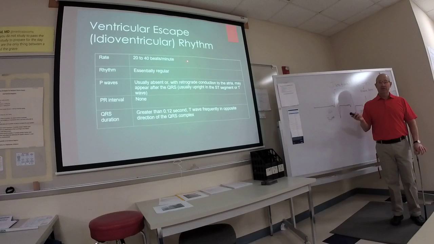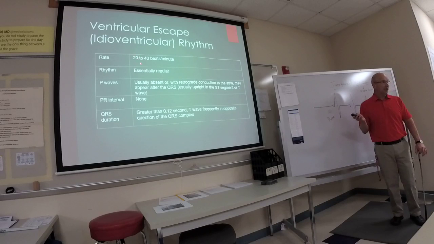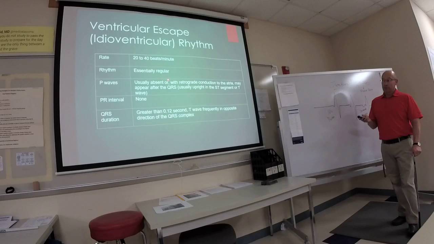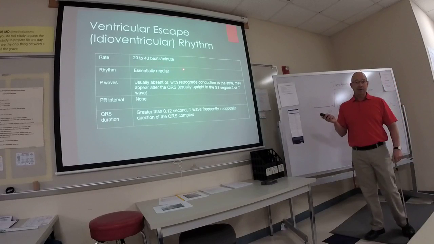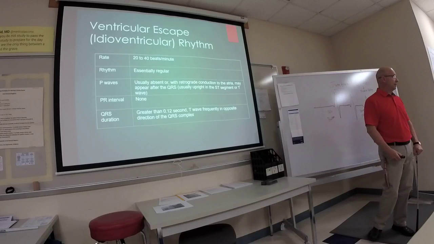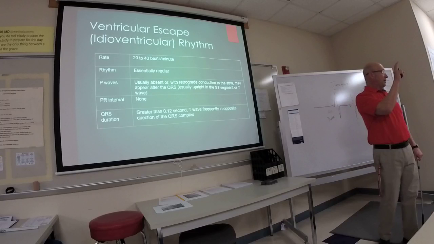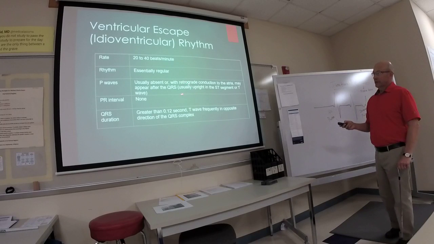If they have a pulse with this, it's going to be really faint. This is when they're feeling for that femoral pulse. More likely they've lost their carotid pulse. It's usually a regular beat, just really slow. There's very little cardiac output at 20 beats per minute. That's 2 complexes every 6 seconds.